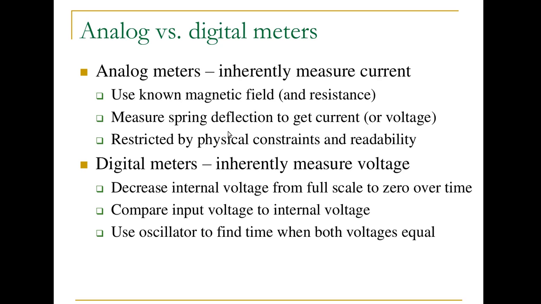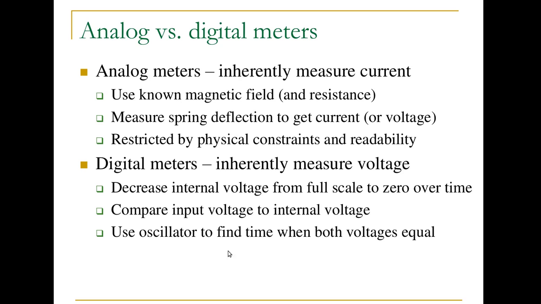And then digital meters inherently measure voltage. The way that works is the digital meter compares the measured voltage to the output of a voltage supply. And that voltage supply goes from full scale, say 10 volts, to 0 at a fixed rate.